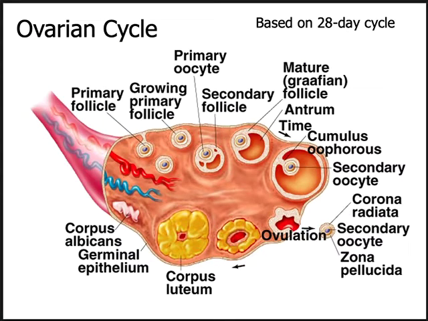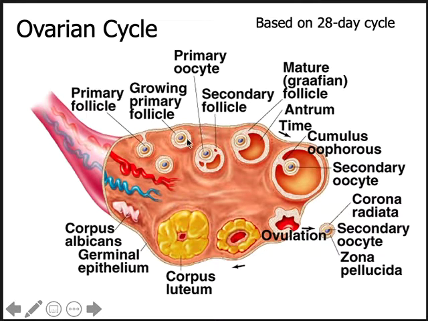Okay, so looking at a 28-day cycle, we're going to talk about the ovarian cycle, which we've kind of already been talking about a little bit. So you have your primary follicle, and actually you have lots and lots of them. They're not all shown here, but the majority of this ovary would be full of primary follicles that you're born with.